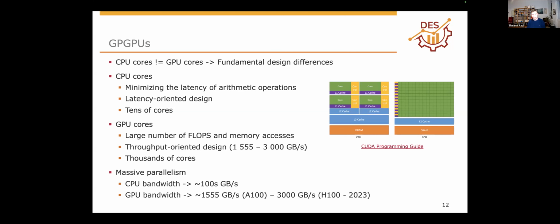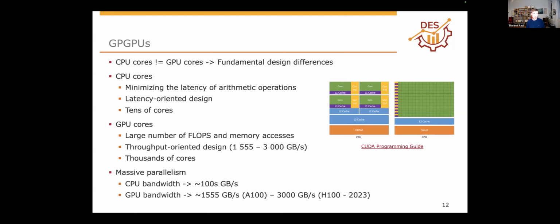So you cannot have individual cores run completely different tasks, but you will have larger units of cores do the same kind of tasks in parallel. And here we're not talking about tens of cores, but thousands of cores. And we're really trying to get a high throughput, not so much a very low latency. So here we will also have much higher throughput in terms of memory bandwidth.